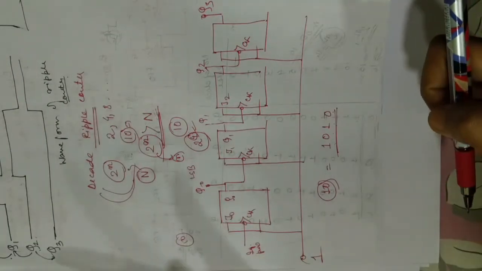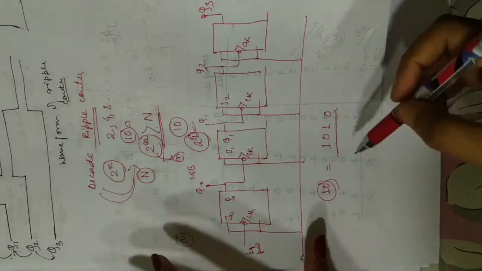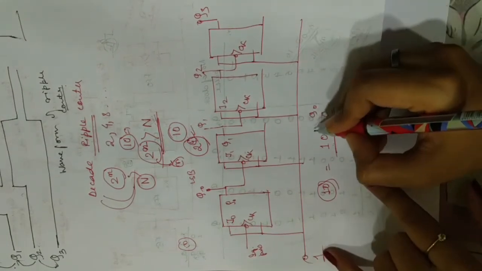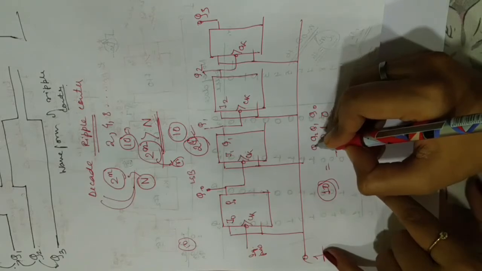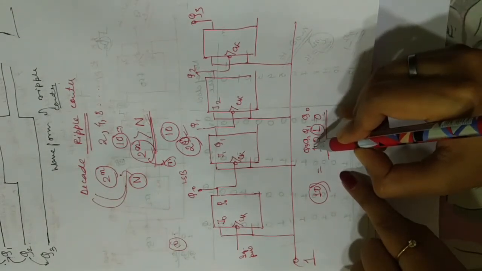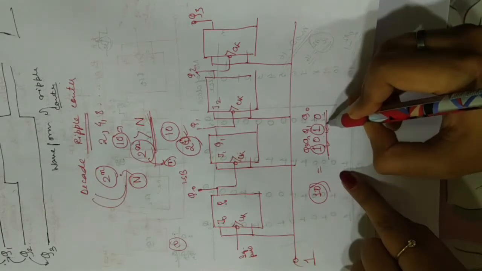So what we do is, we can see that this is Q0, this Q1, this Q2, and this Q3, right? So our Q1 and Q3 are 1s, right?